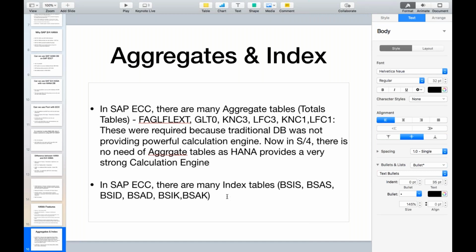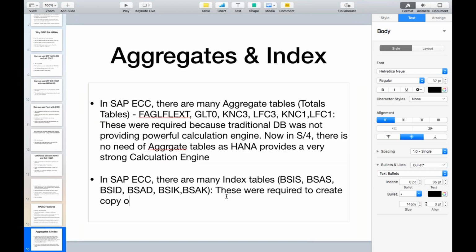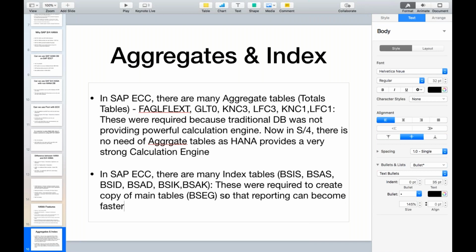Okay, same way in SAP ECC, there are many index tables. Why were these required? These were required to create a copy of main tables like BSIG, so that reporting can become faster, right? So these were the subsets. I'll say subsets instead of copy, so that the reporting can become faster.